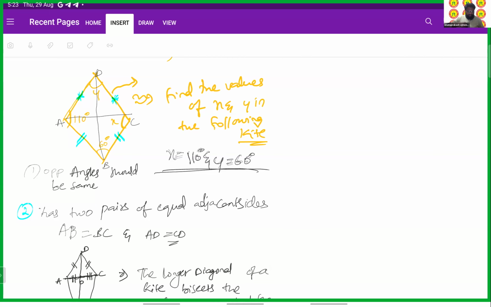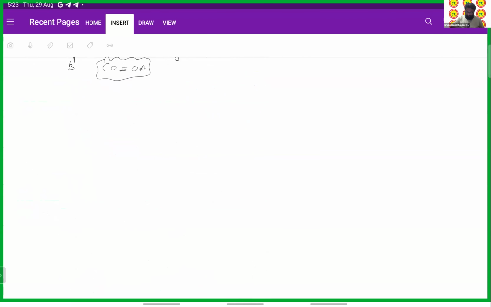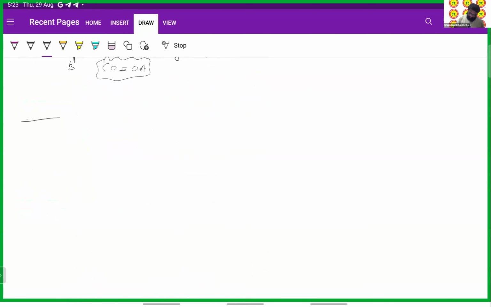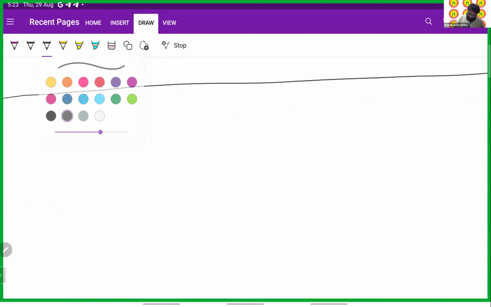So let us discuss quadrilateral. Please note down the definition.